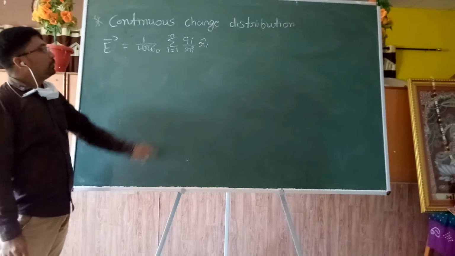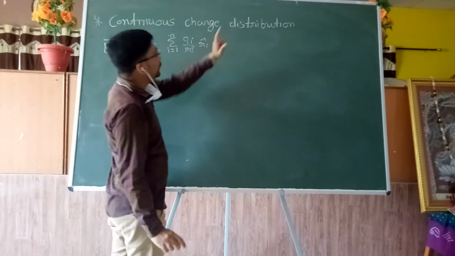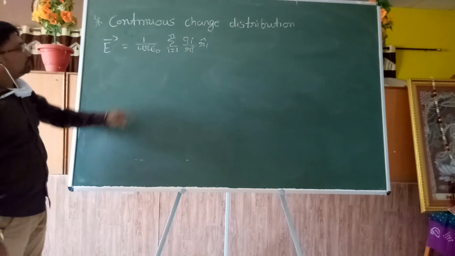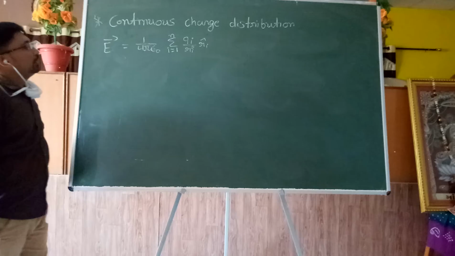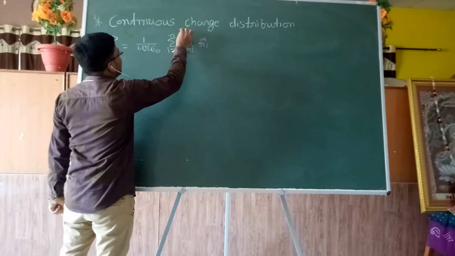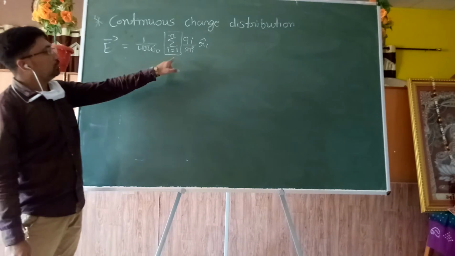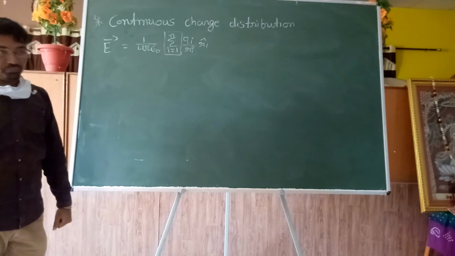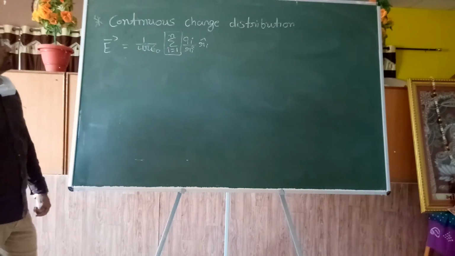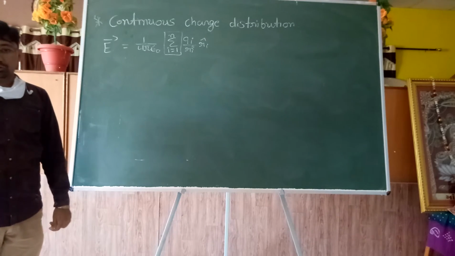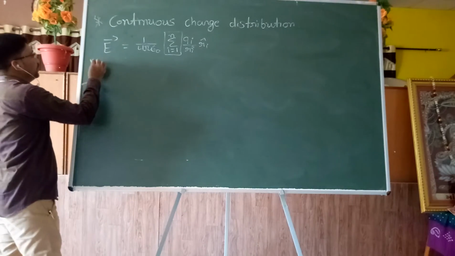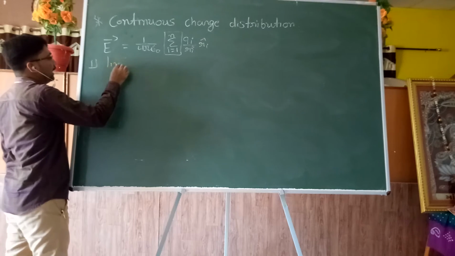Okay. So if charge is uniformly distributed, continuously distributed, then this summation is converted into integration. We can convert summation into integration. Okay. So there are mainly 3 types of continuous charge distribution. One is line charge distribution.